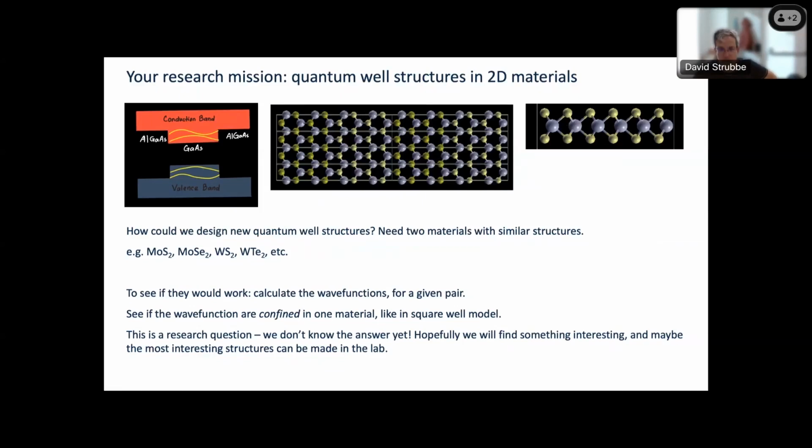In some cases they will, and in some cases they won't. It has to do with what the band offsets are between them. We can try all kinds of different possibilities where we don't necessarily know the answer yet, and then try to identify ones where there's something interesting that we could follow up with more intensive calculations and even recommend to some experimental colleagues.